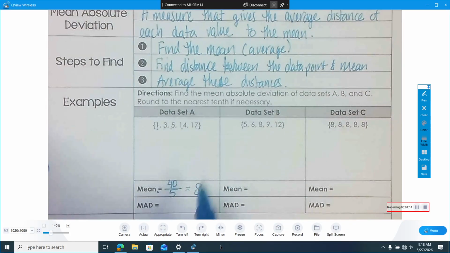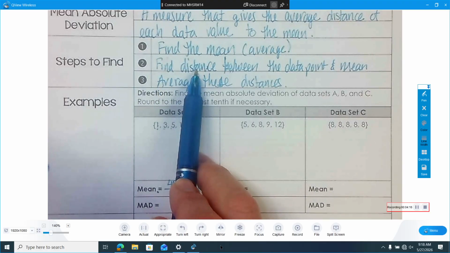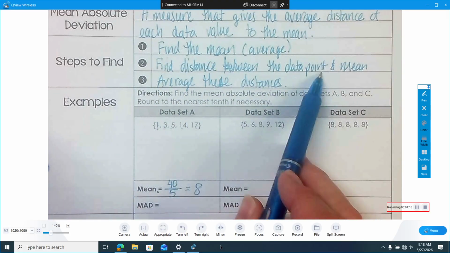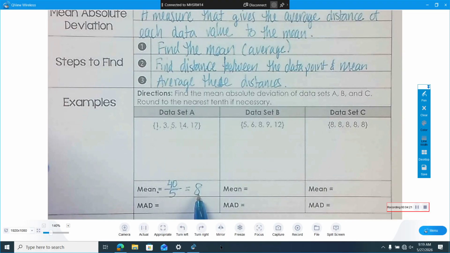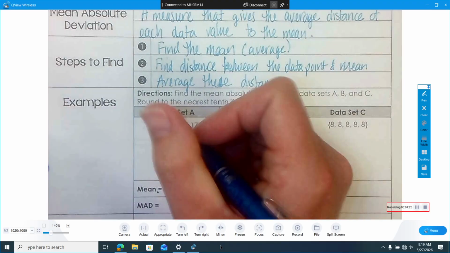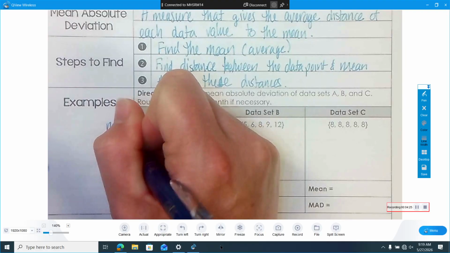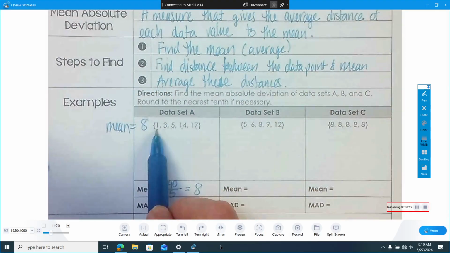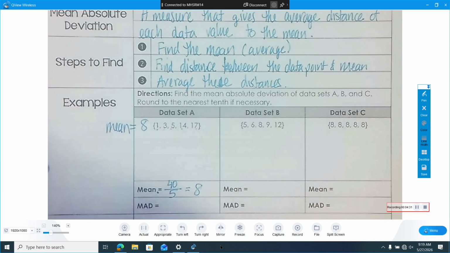What we need to do for step 2 is find the distance between the data point and our mean value. So if my mean value is 8, my data point is 1. What's the distance between 8 and 1? 7.